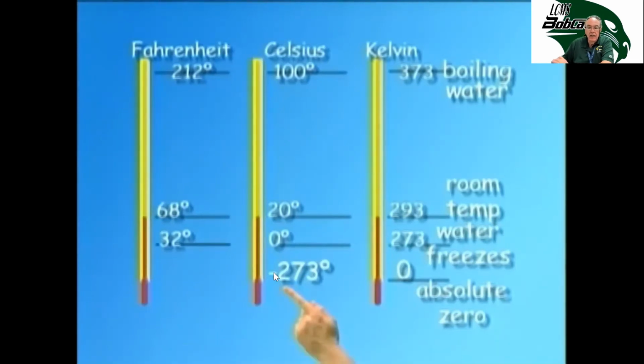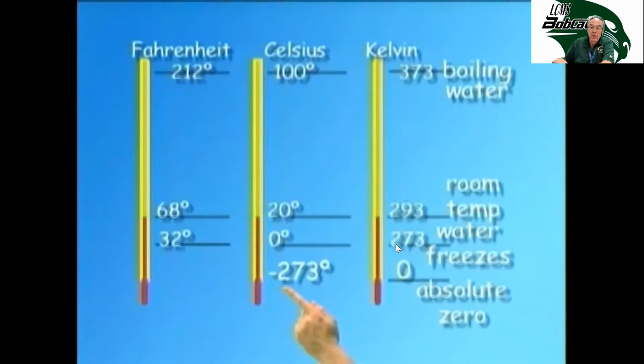So notice that on the Celsius scale, absolute zero is here at negative 273. So to get up to 0, you have to raise 273 degrees, which is the same difference between absolute zero, which is at 0 on the Kelvin scale. If you go up 273 degrees, you get to the freezing point of water. And then room temperature is another 20 degrees.